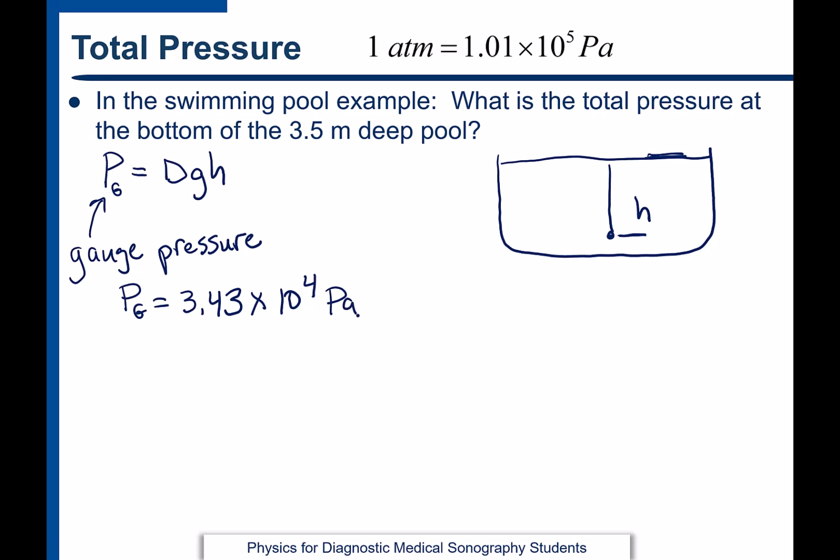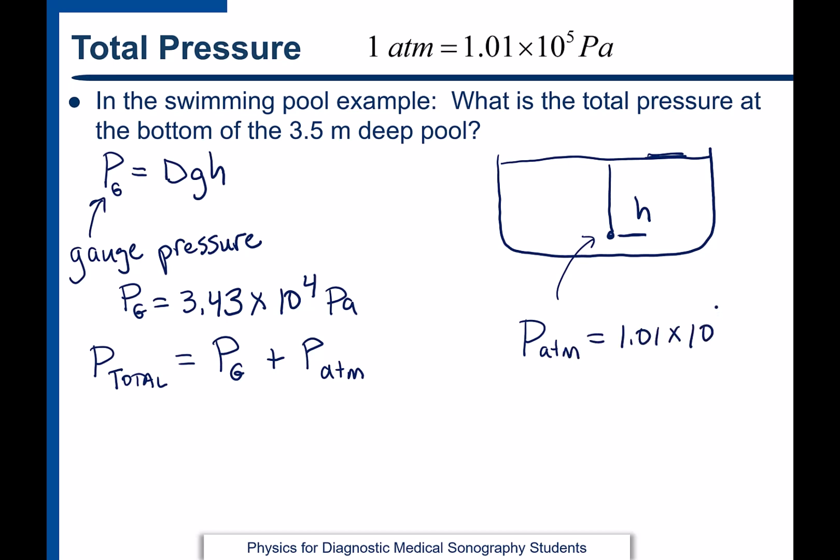But that's actually not the total pressure at that point, because the total pressure is the gauge pressure, in other words, the pressure due just to the water, plus the pressure due to the atmosphere. And we know that at sea level, the pressure due to the atmosphere is 1.01 times 10 to the fifth Pascal.